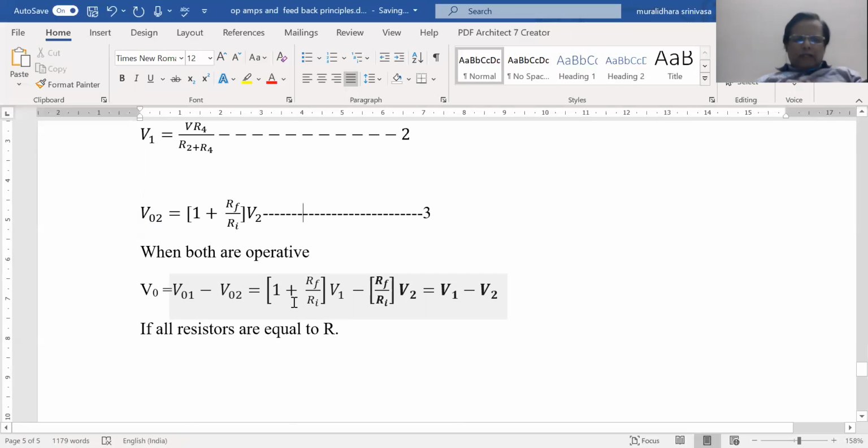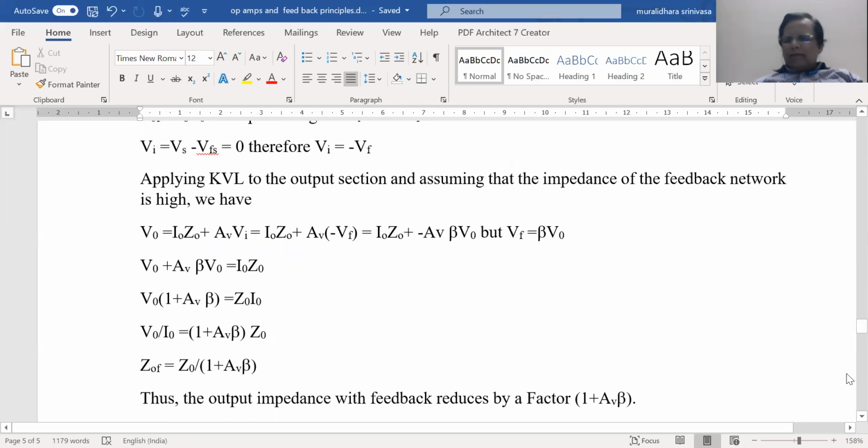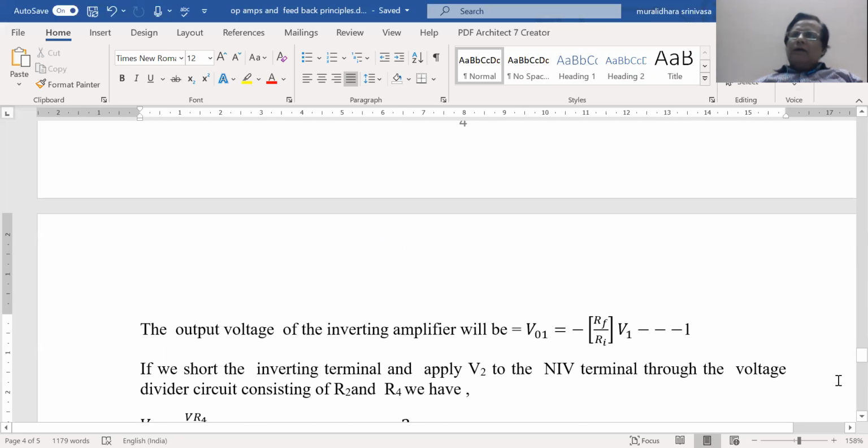You can pull out that RF by RI fraction, and you get differences of V1 and V2. So you simplify the problem by simply making all the resistors equal, then you can simply subtract. When you simply subtract, it turns out that this difference becomes V1 minus V2, where all the resistors are equal. So essentially this becomes an amplifier. The difference between the signals present at the inputs is being magnified or amplified. Therefore, this is a classic difference amplifier.